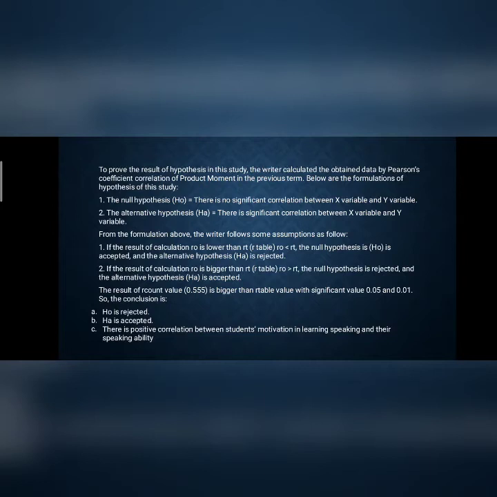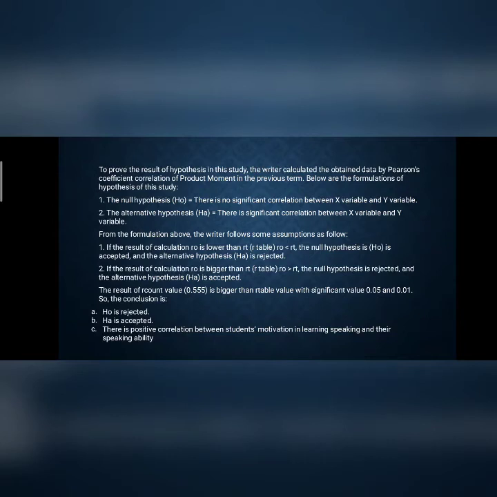In point 1, if the result of calculation RO is lower than RT, R table, the null hypothesis is accepted and the alternative hypothesis Ha is rejected. In point 2, if the result of calculation RO is bigger than RT, R table, the null hypothesis is rejected and the alternative hypothesis is accepted.